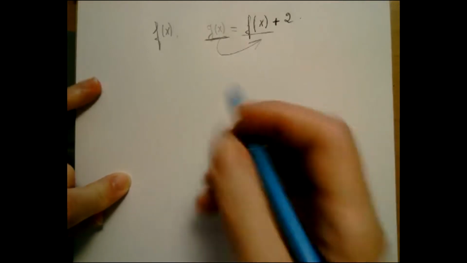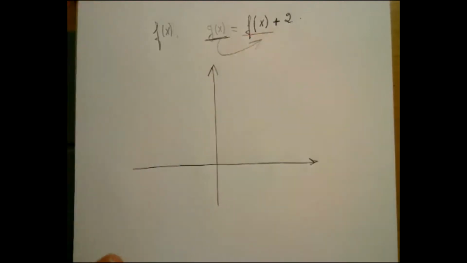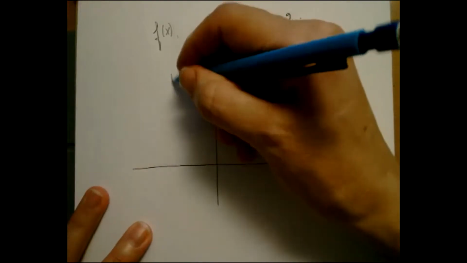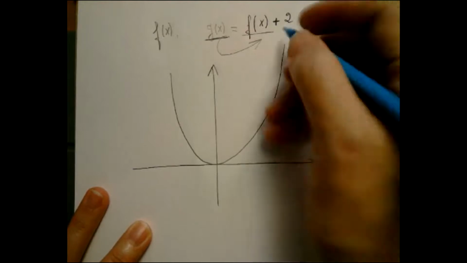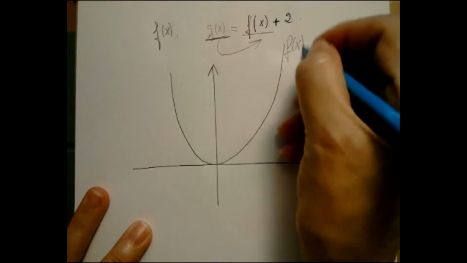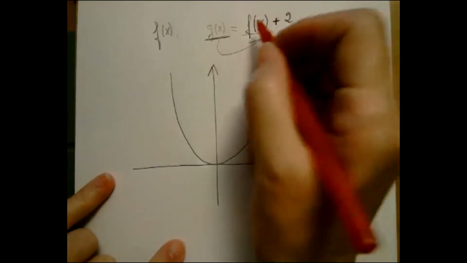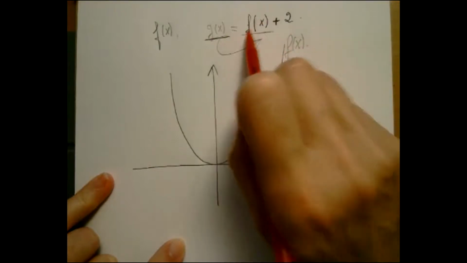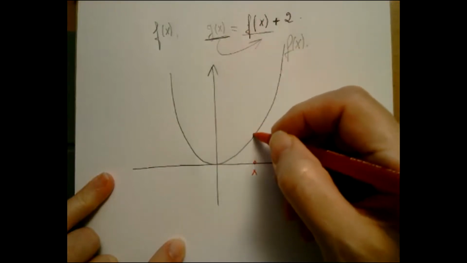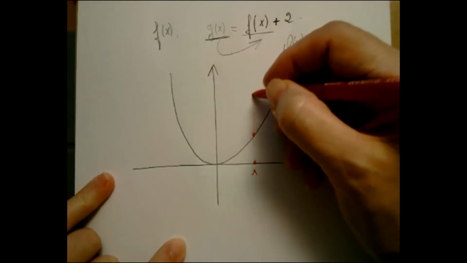I'm sure all of you have seen this, but let us remind ourselves of all those transformations. Let us say this is f. Just draw anything. This is my f. What is my g? For every input x, g is whatever f takes, but you add 2 to it, which means you push it up by 2 units.